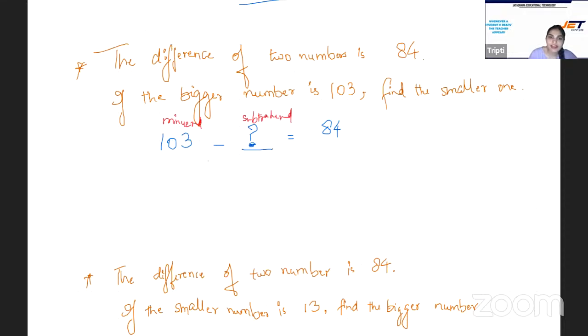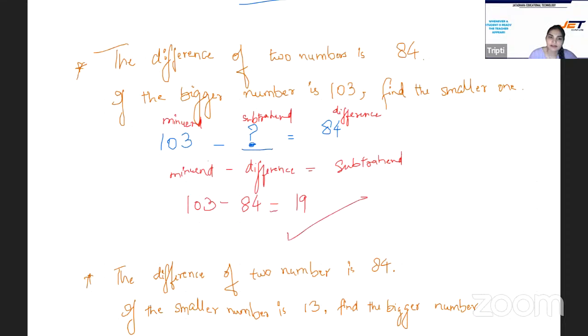Okay. So to find the subtrahend, which is the smaller number, what we are supposed to do is minuend minus the difference. We did this kind of question in the class as well. So here, minuend is 103, take away 84, you will get the answer as 19. 19 is the subtrahend.